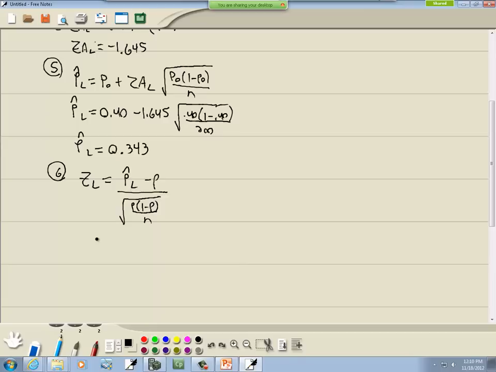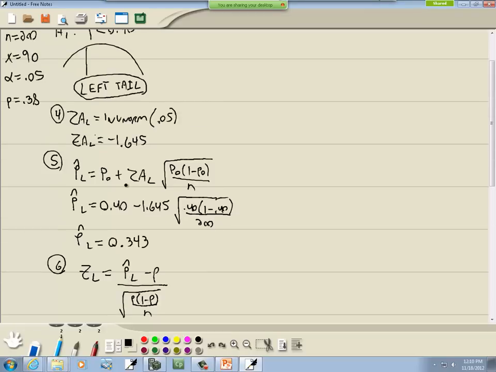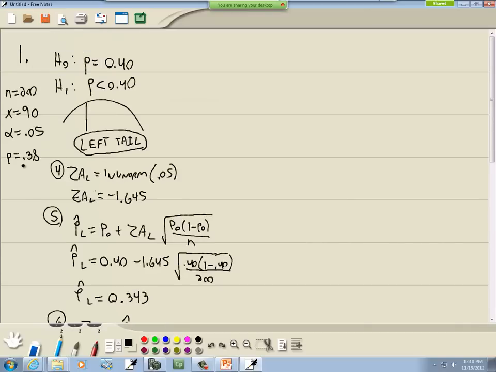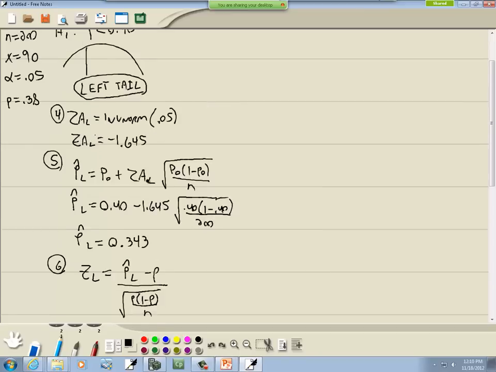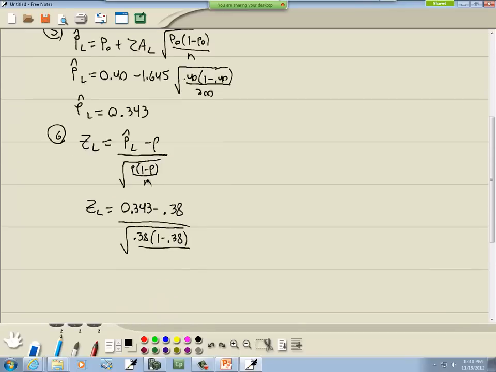So Z sub L, we said P hat sub L right here is 0.343 minus P, which up here we said the true population proportion was 0.38. So then we'll have the square root of 0.38 times 1 minus 0.38 divided by n, which is 200.